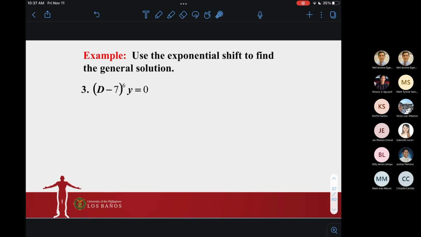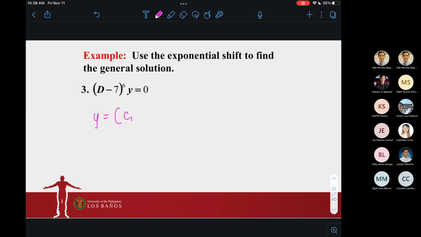Now, sige nga, quickly, what do you think is the solution here? Y equals what? Sige, mabilisan, 30 seconds. Pang math match, pang math wizard, pang mathlete. Ano yung solution sa ODE na to? So the solution is a quintic polynomial, right?